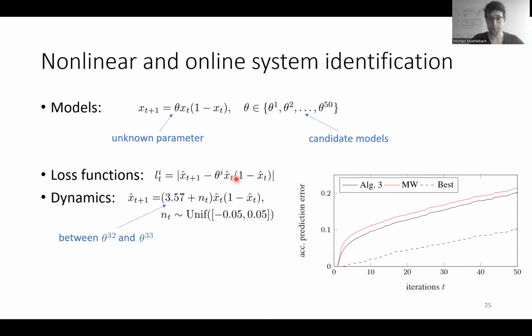I think one exciting future direction or application of this algorithm is nonlinear and online system identification. Here's a very simple example where there's nonlinear dynamics that are parameterized by this theta here, and theta takes on discrete values. You can think of this as having different candidate models. We can then apply this algorithm, and in about 10 iterations, we find the right candidate model.